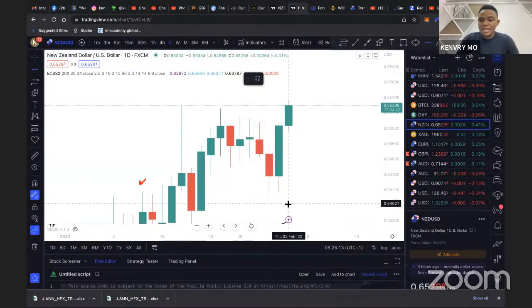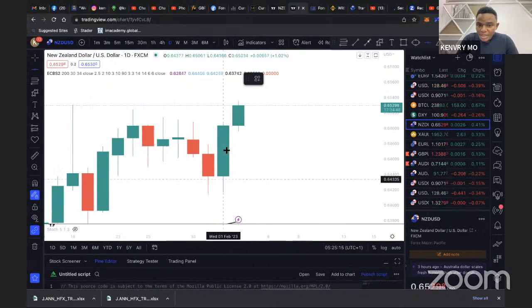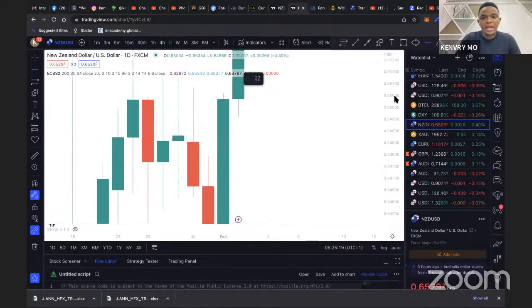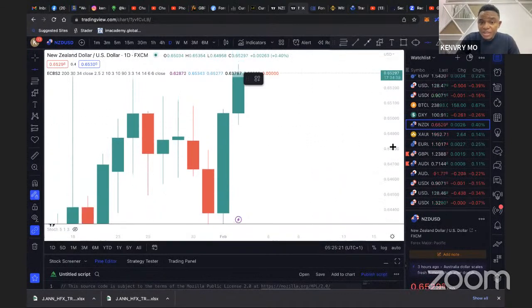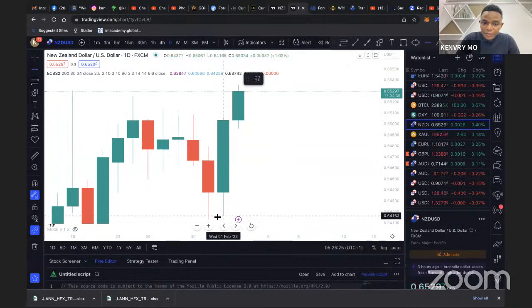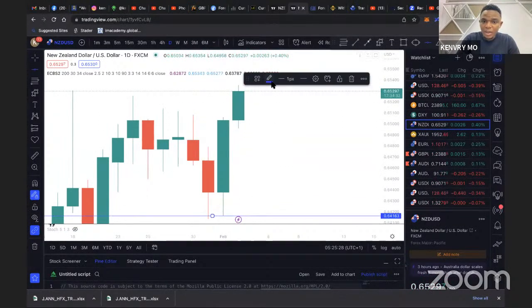Now that I'm on the daily, I want to pay attention to the previous candle of the day. So I'll take the foot of the candle and color that black. I will take the body of the candle.